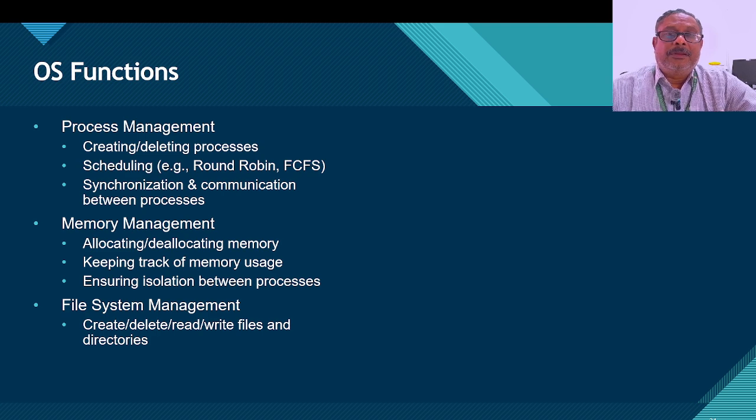Then comes the files, the file system. What we logically refer to as a file is just a logical entity. We don't have to worry about where exactly our information is stored in the secondary memory and how it is stored. We are not bothered about that.